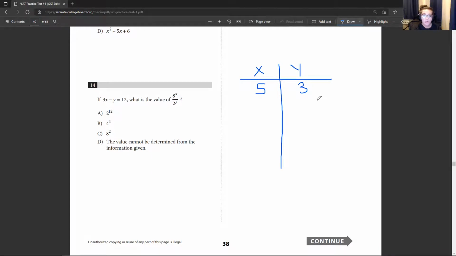We need only one pair to use in the second one, okay? And we want to be smart about this. We have exponents, right? How can I make those exponents easier to work with? Well, when you take anything to the 0 power, it becomes 1. So if I could turn the numerator into 1 or the denominator into 1, that would make my job a lot easier, right?